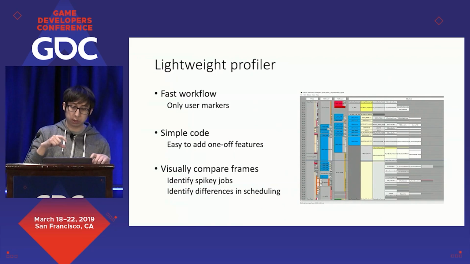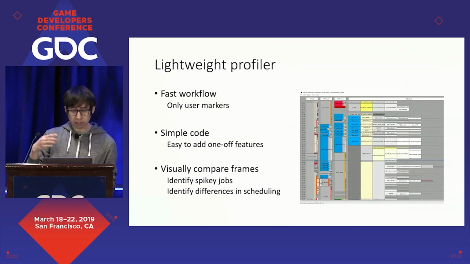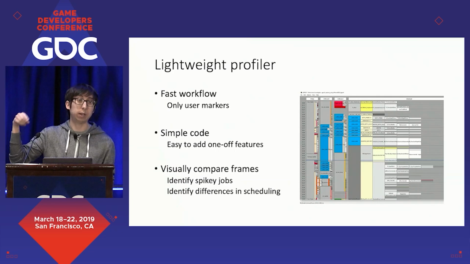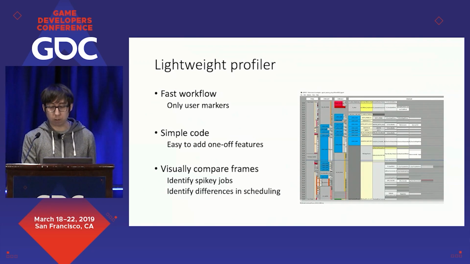Then you can dive further into seeing why that job for that spiky timeline is starting early or starting late. And then you can go up the chain of dependencies to figure out why that's happening. So while it's good to always get numbers, especially for validation, I think visual inspection can be more powerful for these kinds of search and destroy tasks.